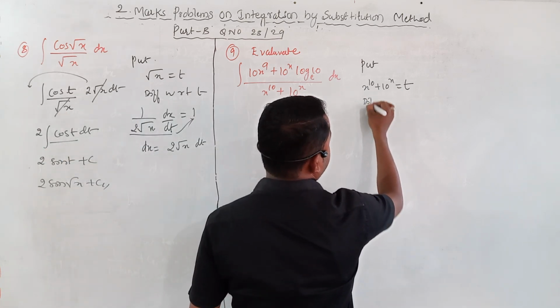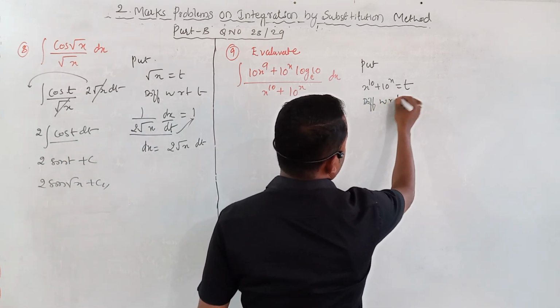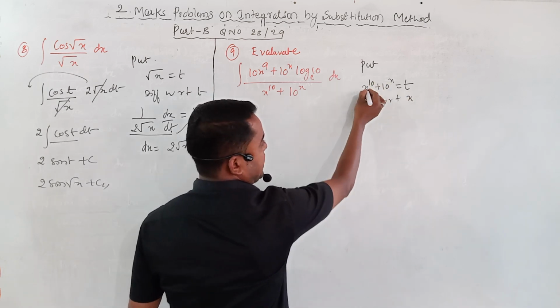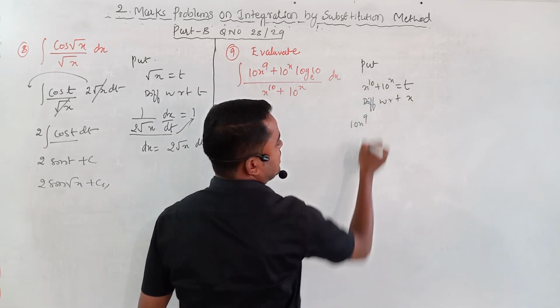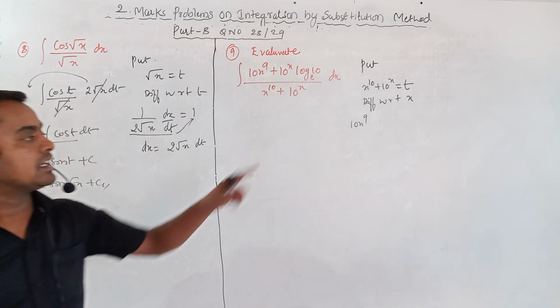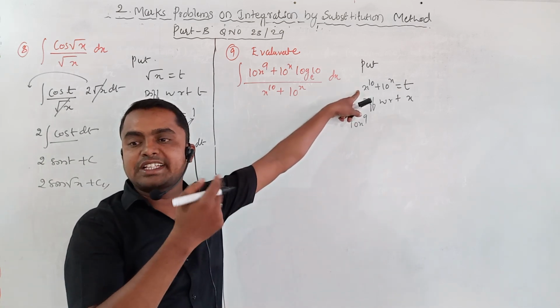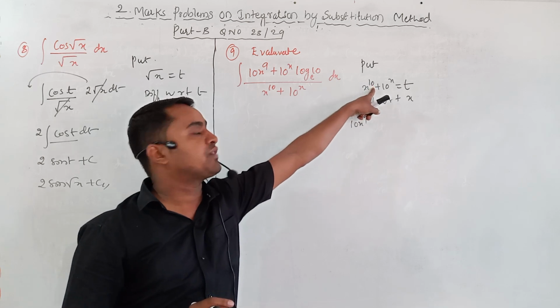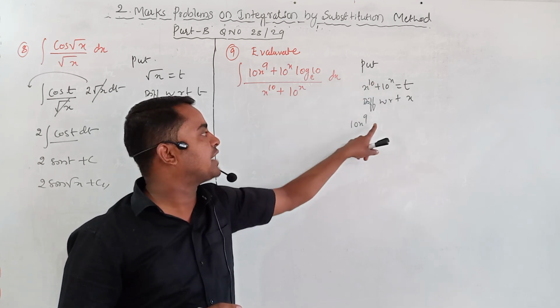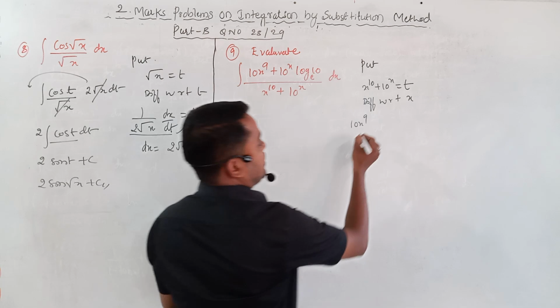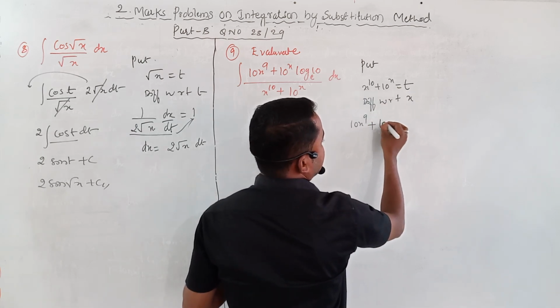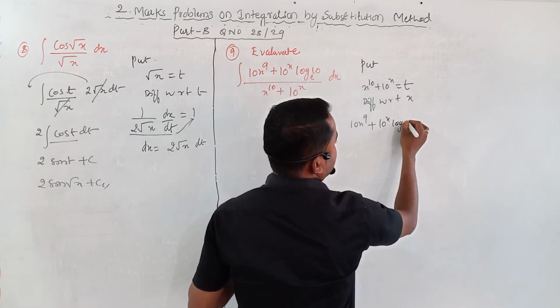Differentiate with respect to x. Derivative of x raised to 10 is 10x raised to 9. The 10 comes to the front, since the derivative of x raised to n is nx raised to n minus 1, and here n is 10. Plus the derivative of 10 raised to x, which is 10 raised to x into log 10.